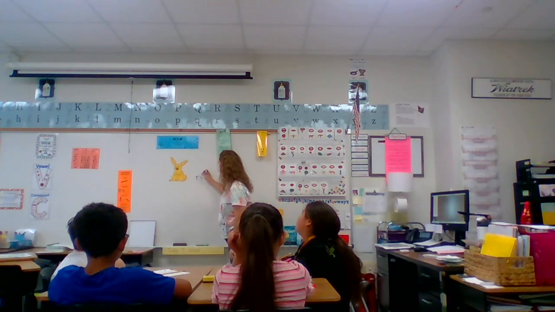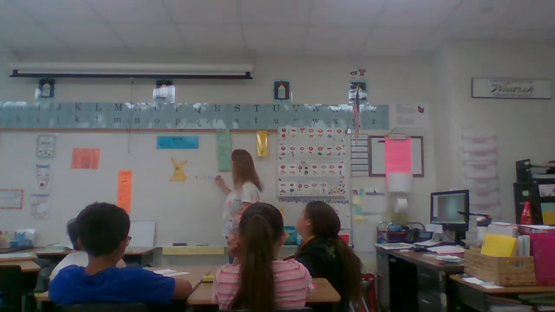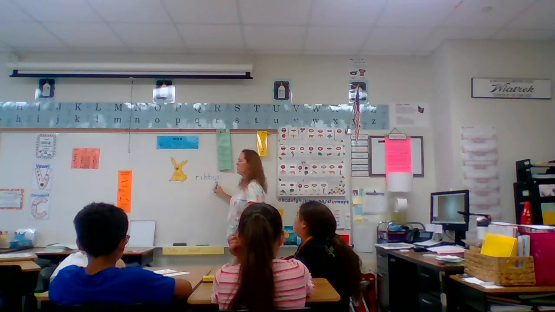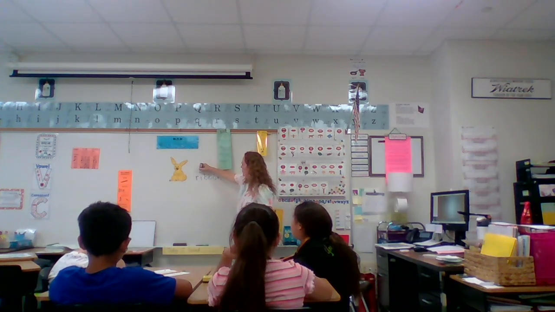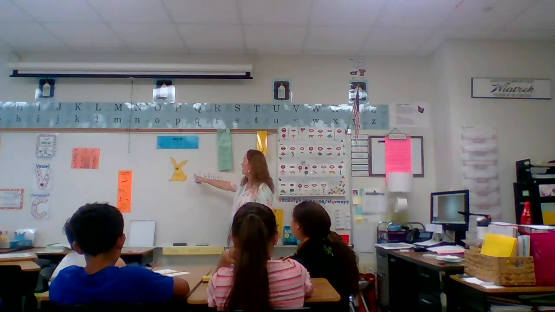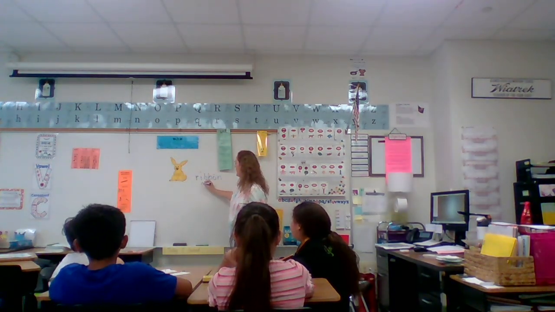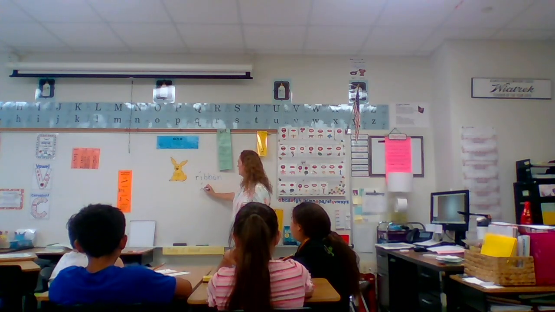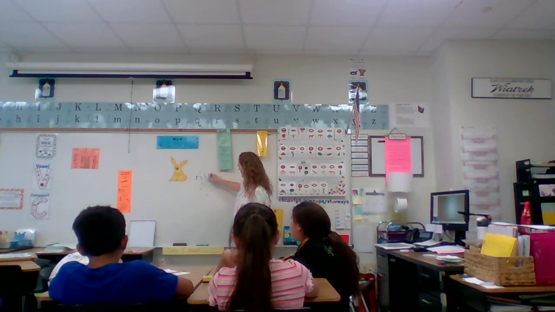R, I, B, B. It is a schwa. O, N. This O sounds like uh. So rib, un, ribbon. My first vowel is a short vowel sound. I have 2 syllables, 1, 2. So I have to double the medial consonant. Ribbon, ribbon.